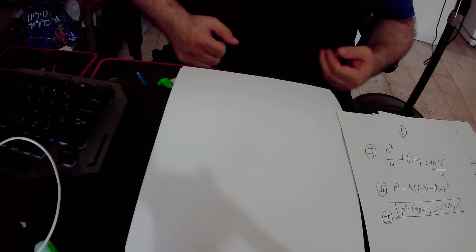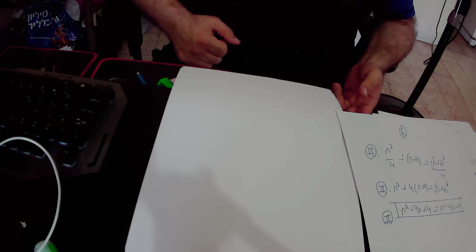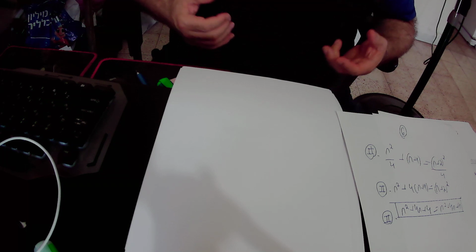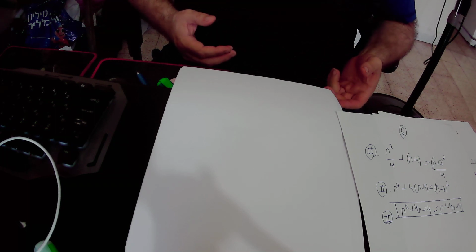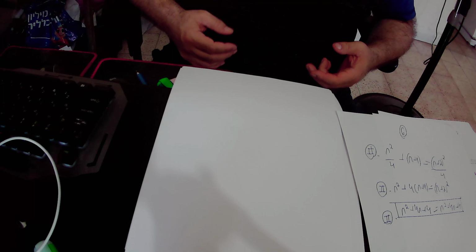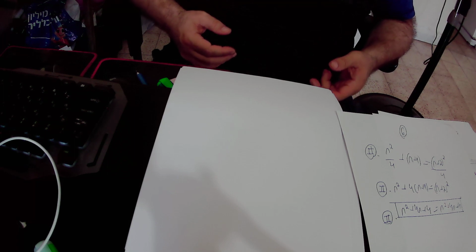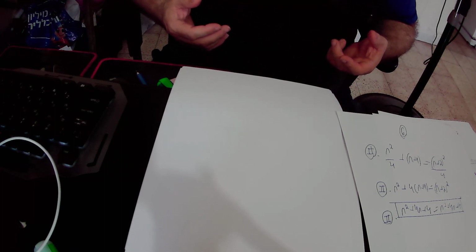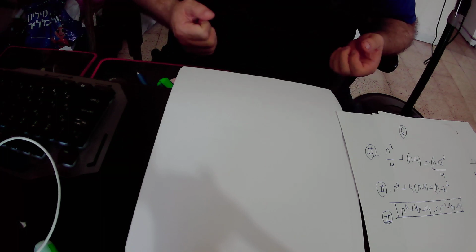Okay, so in this way we actually proved that the statement is true for all the natural numbers, because in the first stage we verified that the statement is true for n that equals 1.